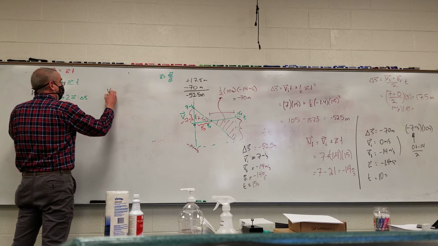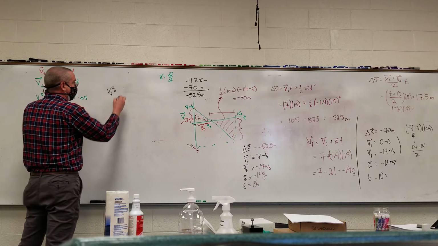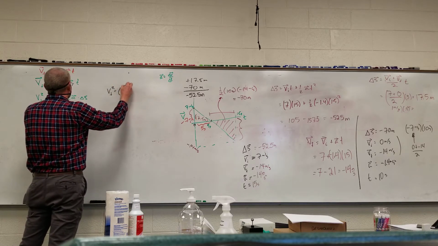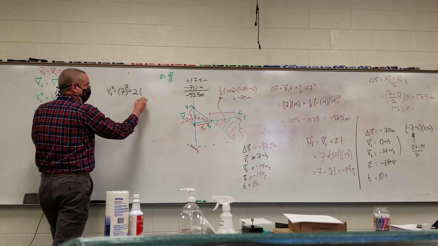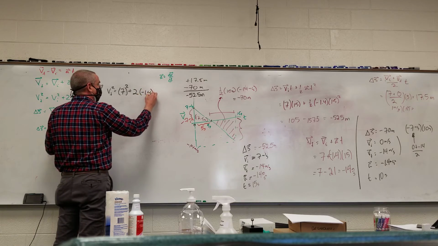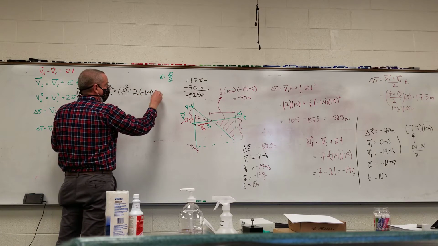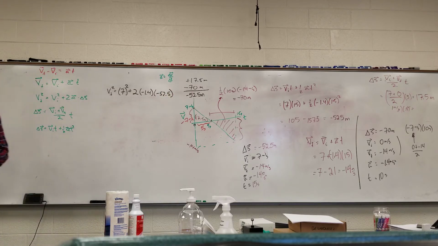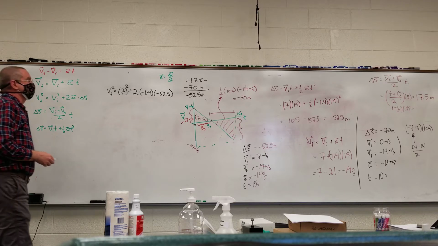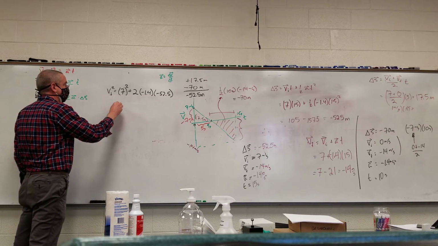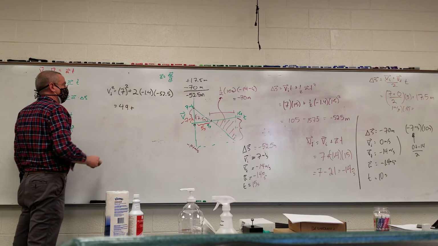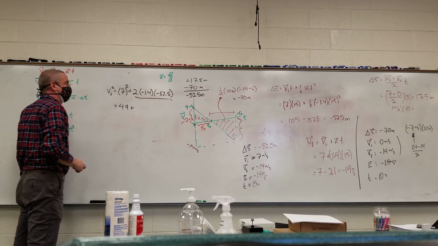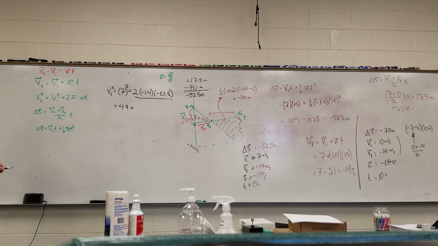So VF squared is equal to VI squared, so that's 7 squared, plus 2 times my acceleration, negative 1.4, times my displacement, which is negative 52.5. This is for the entire trip. So that's 49 plus whatever that is. Somewhere around 150.